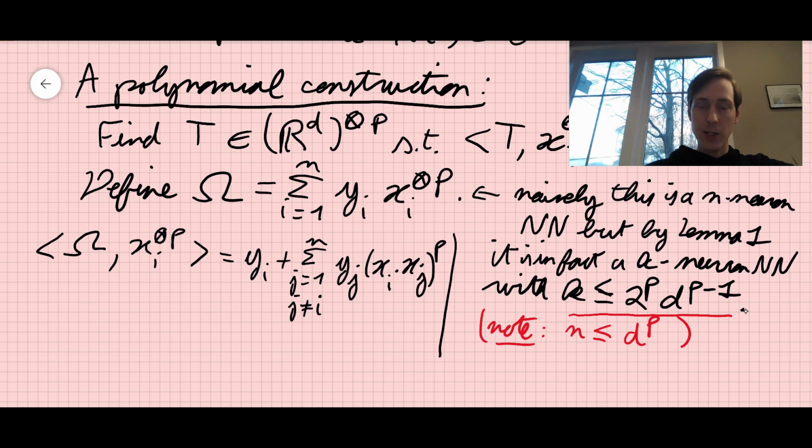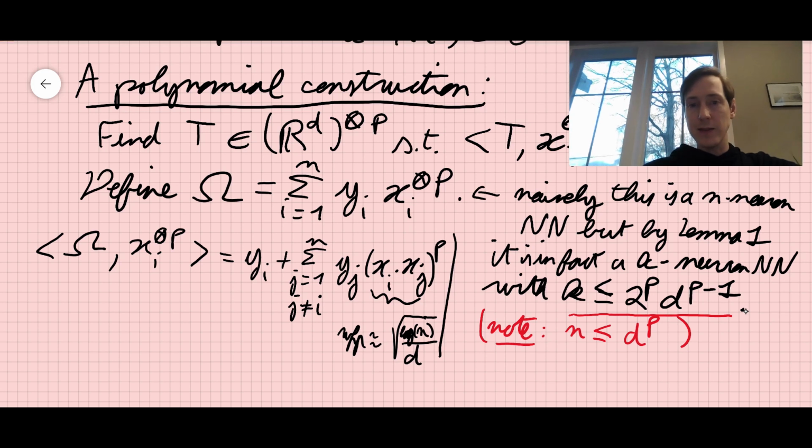And what is the order of this? Well, with high probability, this is going to be of order square root log n, because I need to do a union bound over the n data points. Each of these terms is, let's forget about the log, of order 1 over square root d to the p, so 1 over d to the p over 2, and I sum with random signs. So I will have some kind of central limit theorem, which tells me that the order is square root of n.